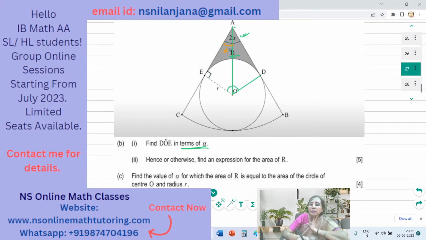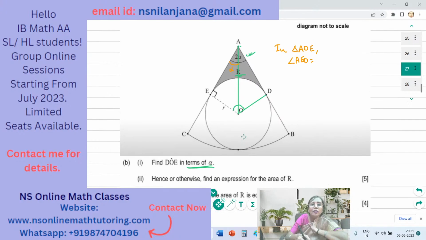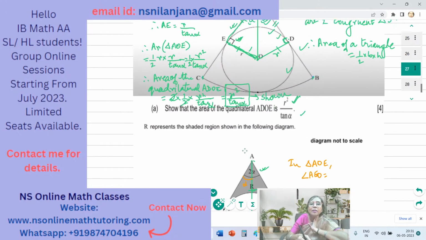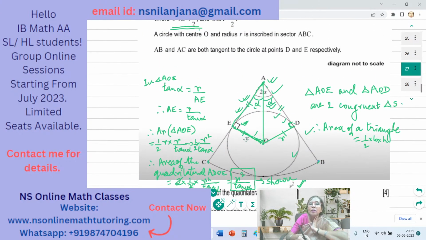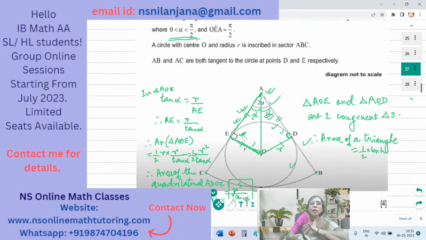For triangle AOE, angle AEO is equal to 90 degrees or pi by 2. What did they say? Radians or in degrees? Pi by 2. Okay.